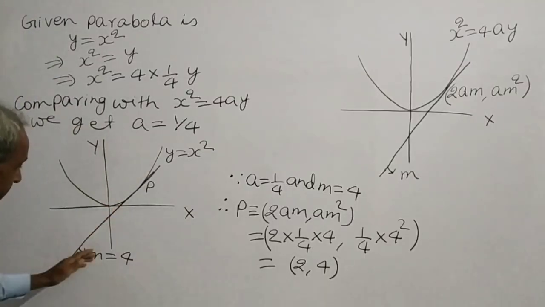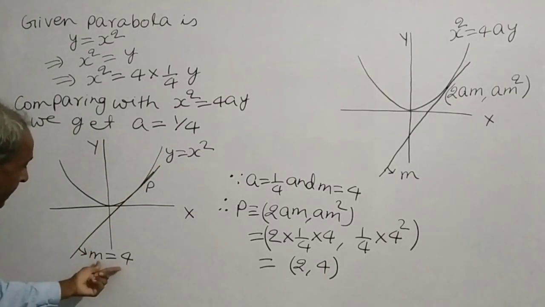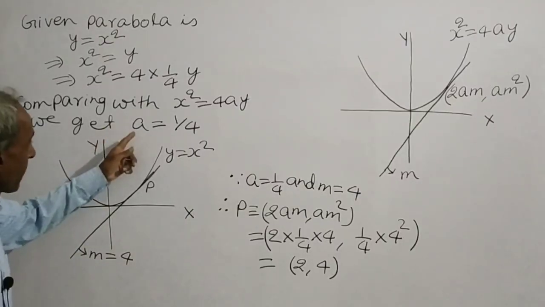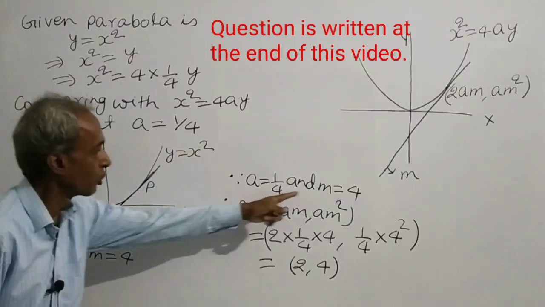In this question, it is given that slope of tangent is 4 and a is equal to 1 by 4.